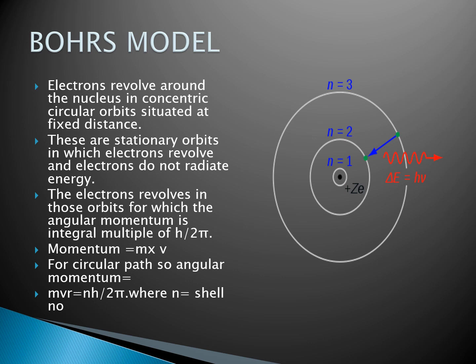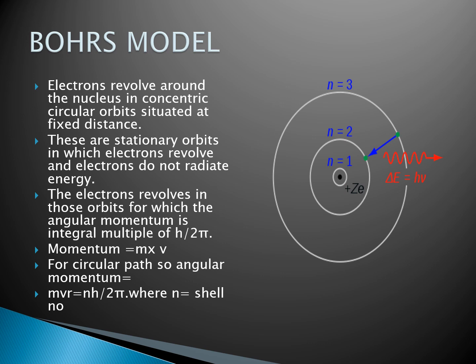The orbits are stationary, meaning they do not move, only electrons revolve, and while revolving electrons do not radiate any energy. And third, the most important, the electrons revolve in those orbits for which the angular momentum is an integral multiple of h by 2 pi.